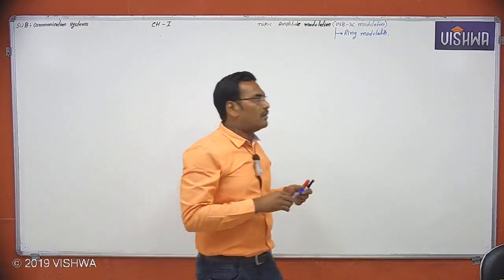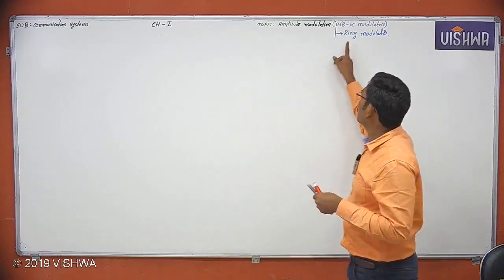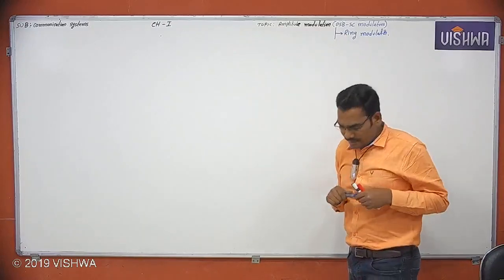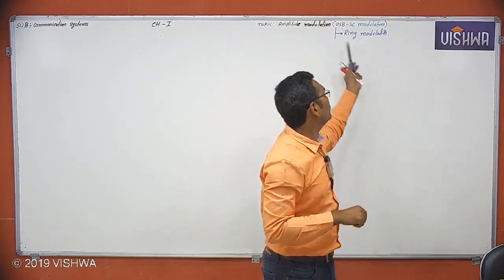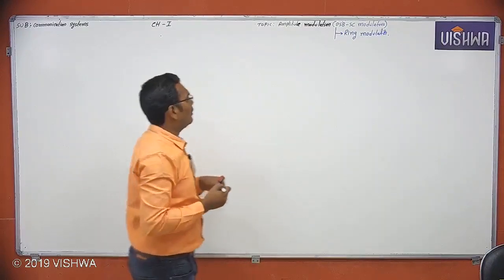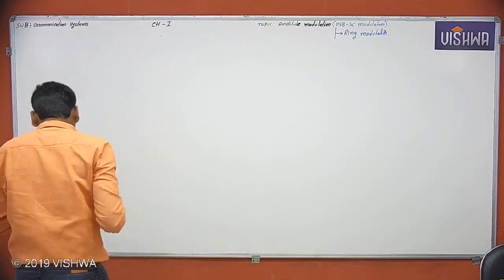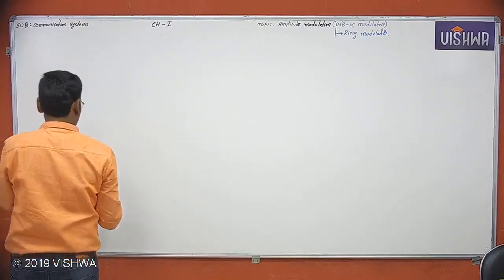Okay. Now we'll see the DSBSC first modulator, which we already completed, the balanced modulator. Now we'll see the second DSBSC modulator, which is nothing but the ring modulator. Okay. Now first we'll see the ring modulator circuit.